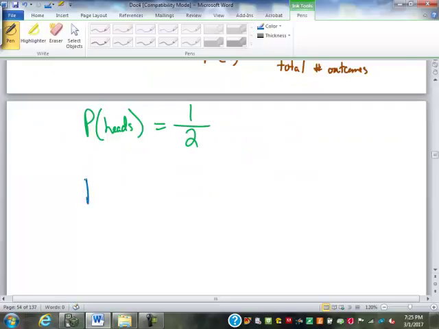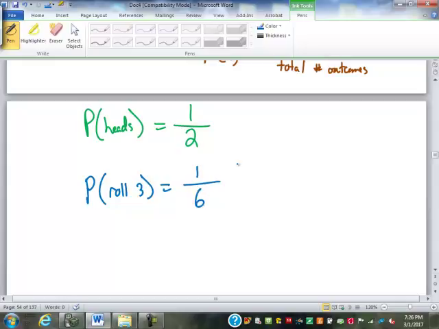Rolling a die. What's the probability that we roll a 3? Well, how many 3s are on that die? 1. How many possible outcomes are there? Standard 6-sided die, cubical die. So 6.